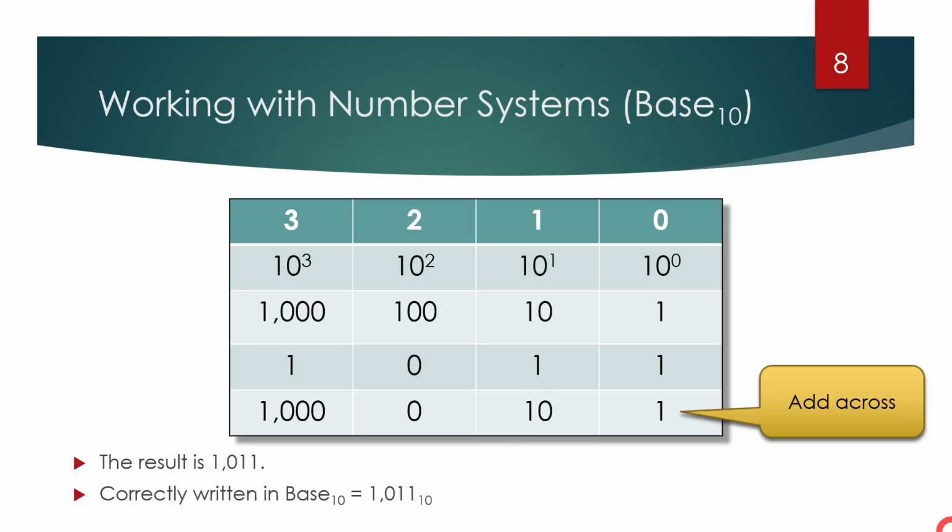Correctly written, it would be 1011 base 10, so you'd put a little subscript 10 behind it. But since we use the decimal number system so readily, we don't put that subscript 10 behind our numbers because it's just assumed that if there is no subscript, we're using the base 10 or decimal number system.